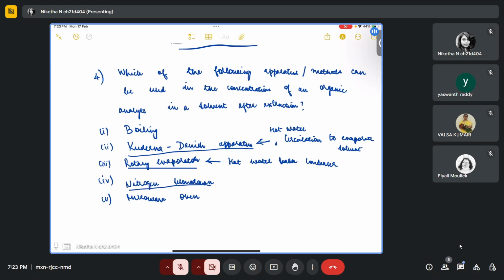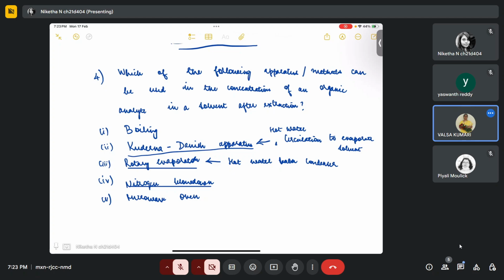So what is nitrogen blowdown? By passing nitrogen gas, what will happen if we do that? For the removal of dissolved air, I think. Dissolved air is where?